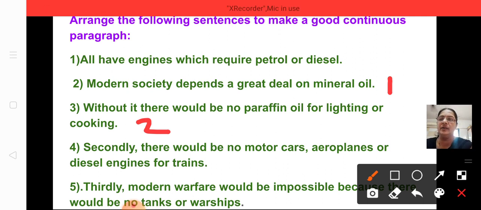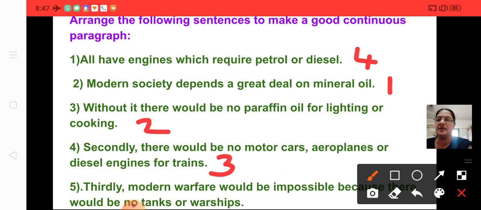That will be the third one. Now, related to vehicles, all have engines that require petrol or diesel. So that will be the fourth sentence. And the fifth one will be thirdly, modern warfare would be impossible because there would be no tanks or warships. This will be the fifth one.